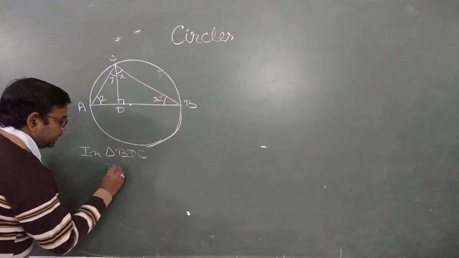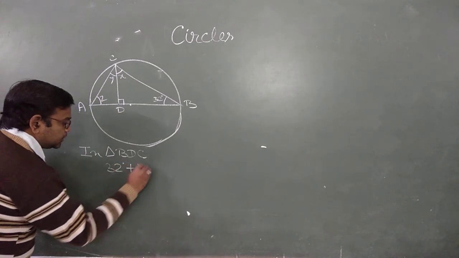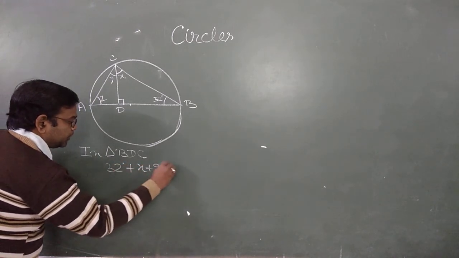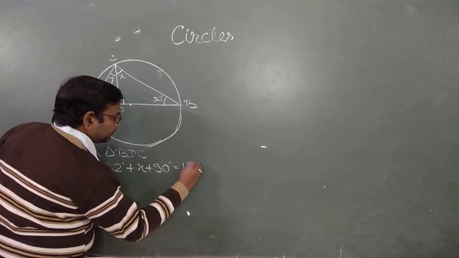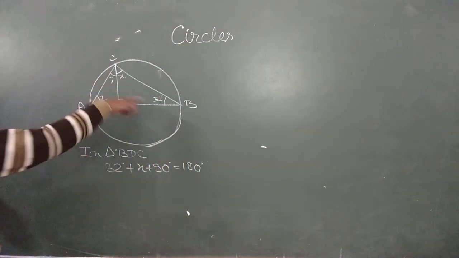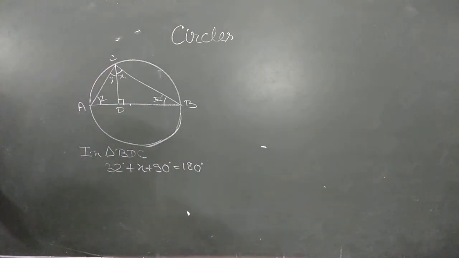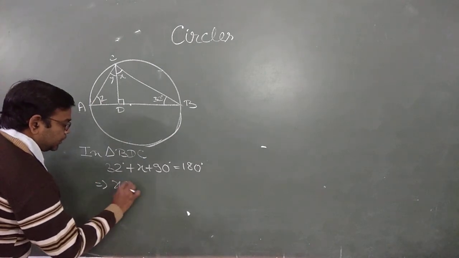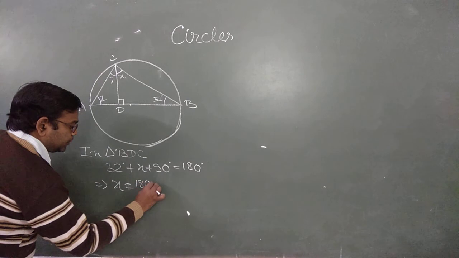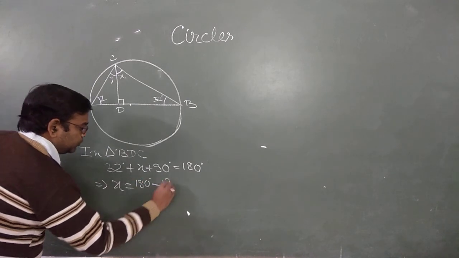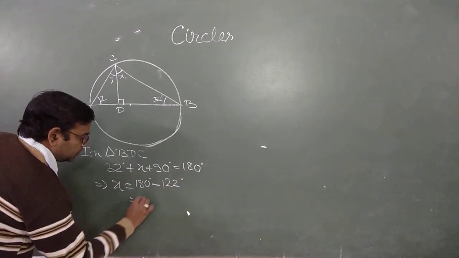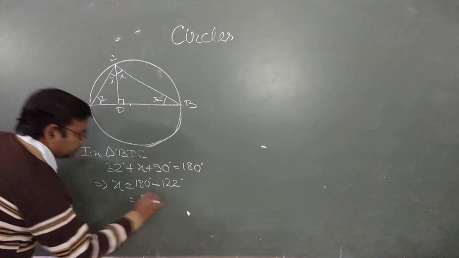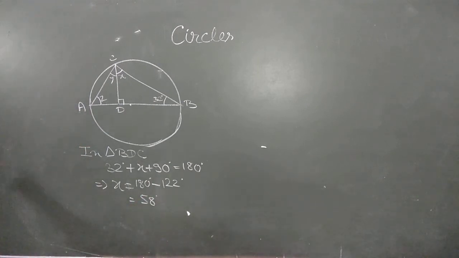So we can easily write 32 degrees plus x plus 90 equals 180. I am not writing the statements, you have to write the statements. I simply put the values only. 180 minus 122 is 58 degrees. Clear? This is the value of x, 58 degrees.